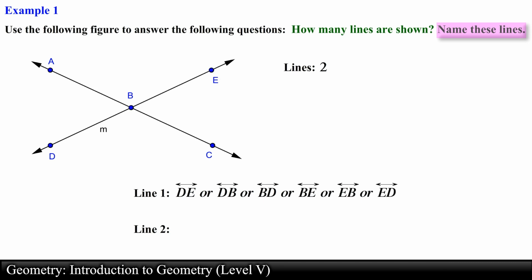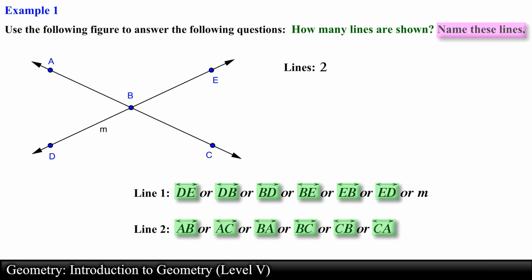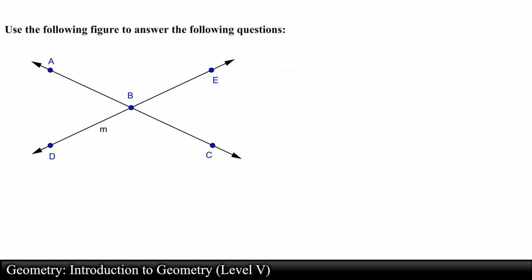Notice that this line is labeled with the lowercase letter m, so we can also name this line as line M. In the same manner, the line that contains points A, B, and C can be named as line AB, or line AC, or line BA, or line BC, or line CB, or line CA. Remember, lines can be named by denoting 2 points located on the line, or by using a lowercase letter whenever possible. Alright, let's try the second example.